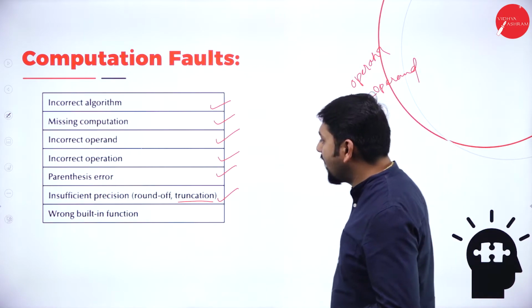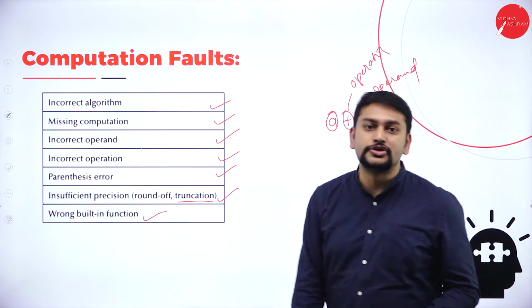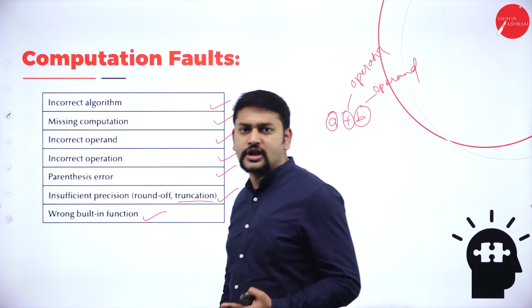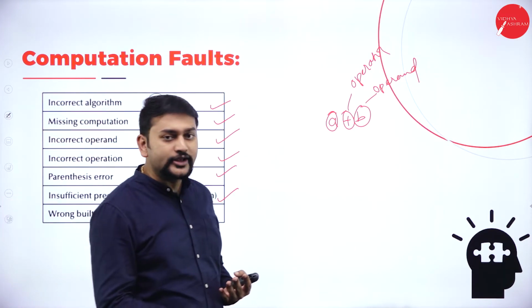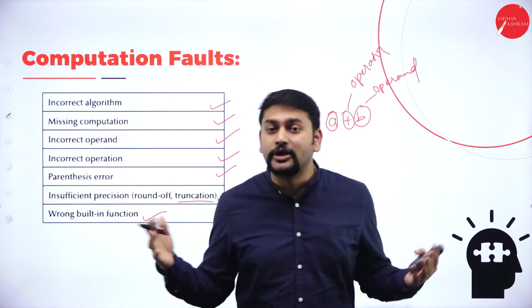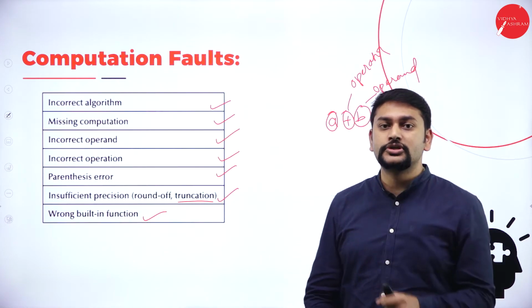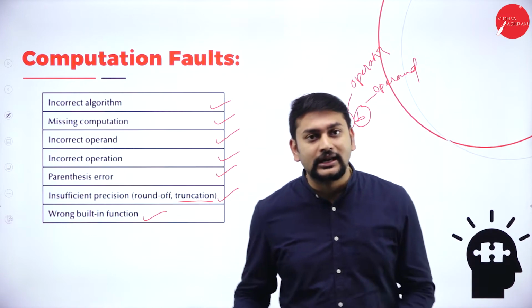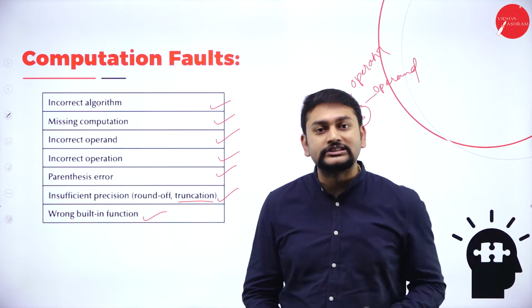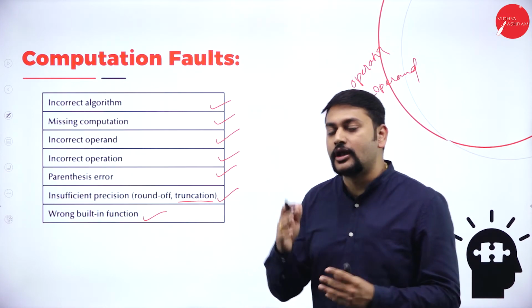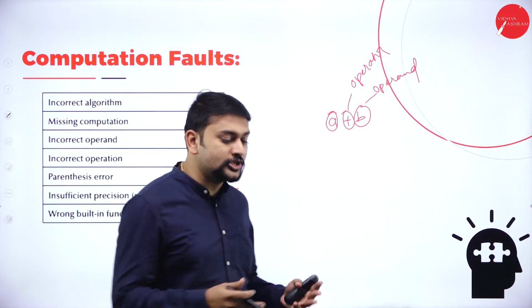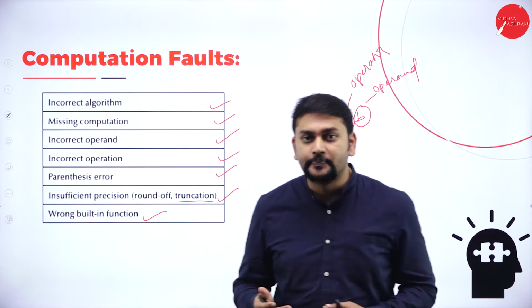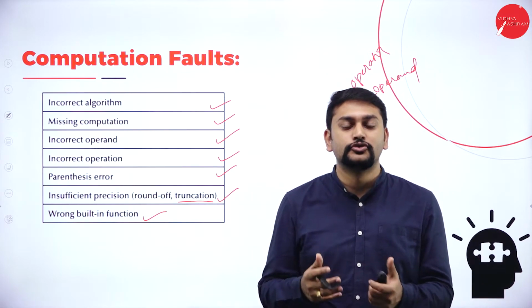And the next one that I have is wrong built-in function. I am using a lot of built-in functions, right? So you guys would have come across built-in functions. Whenever I'm using any platform or any programming language, all the languages support rich library functions. What exactly are library functions all about? Say for example, you have power, which will help me calculate the power of two numbers.